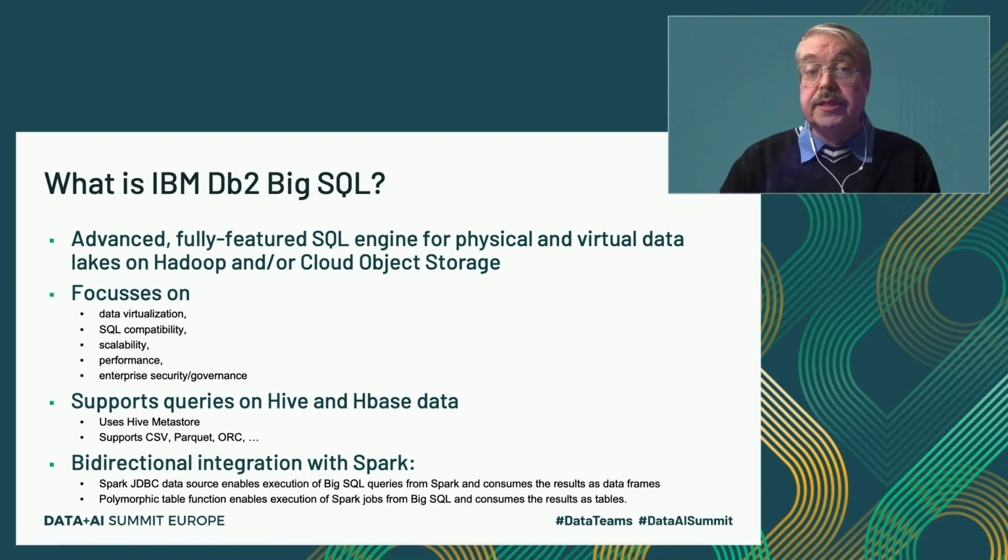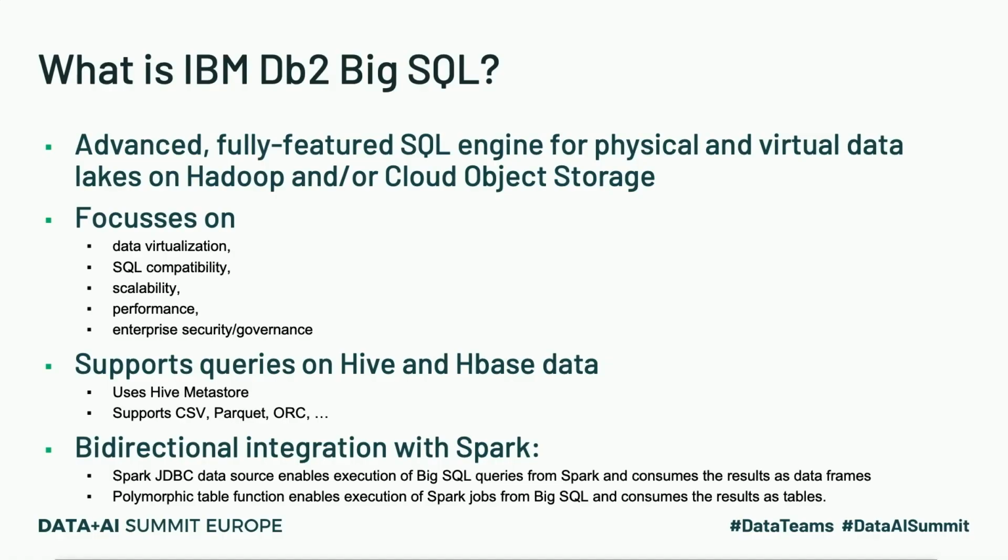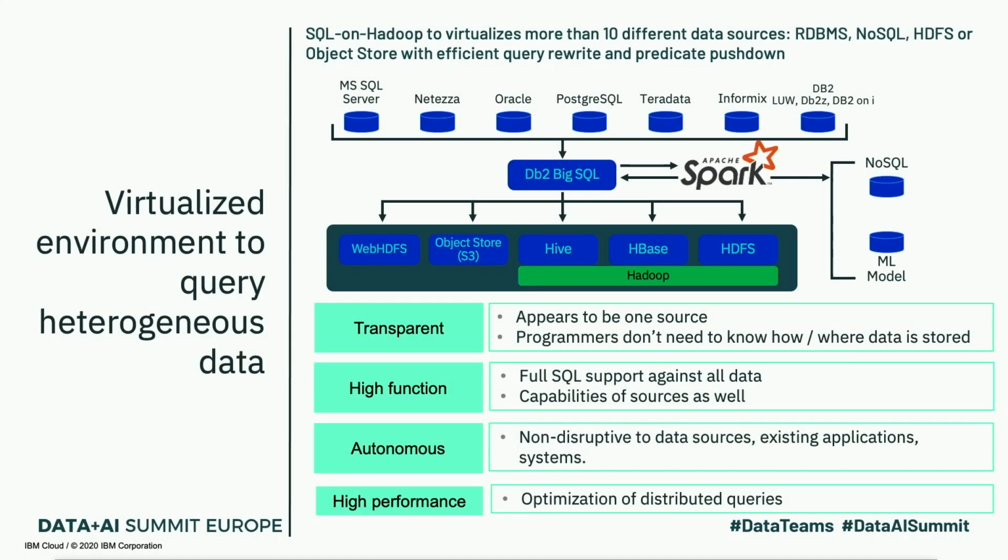And it is using the Hive Metastore, and it can also access data in a HBase database. Therefore, it's having a lot of compatibilities. And there's bidirectional integration with Spark. Of course, you can talk to Big SQL in the traditional way from Spark. You can access data in Big SQL from Spark, but it has also the polymorphic table functions, which we are talking about in this presentation.